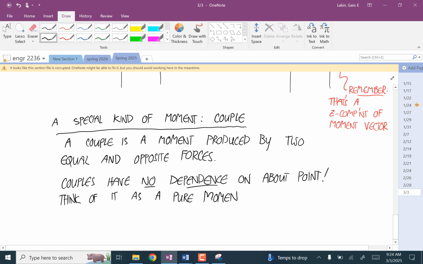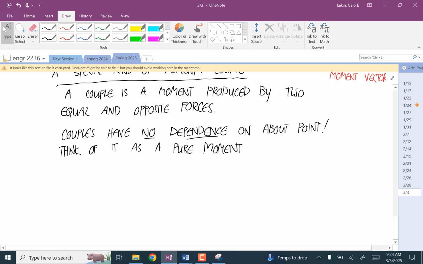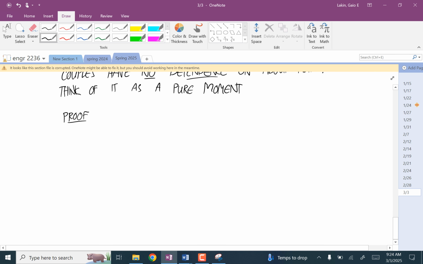I try not to go overboard with proofs, but I am going to do this proof because it shows really clearly what happens to the dependence on the about point. So let's say that we have a random body, okay? And we have these two equal and opposite forces.